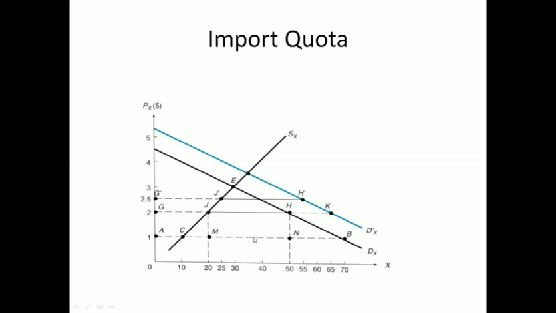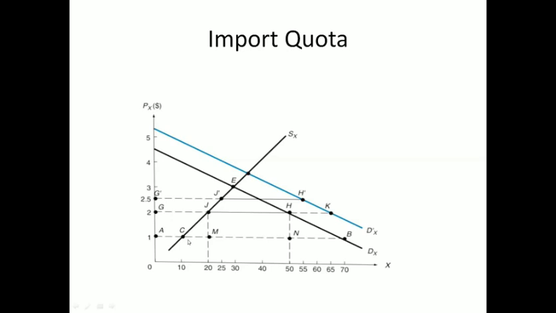This is the foreign supply curve, which is perfectly elastic. Now at this $1 price, this country is producing 10x of this commodity, and the country is consuming 70x of this commodity. It means the remaining 60x, from C to B, they're actually importing from other countries.